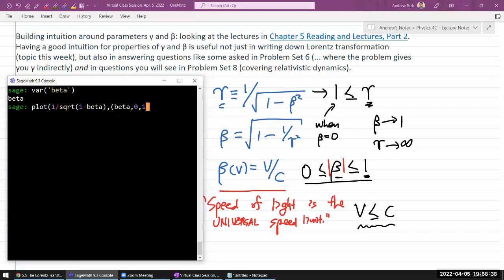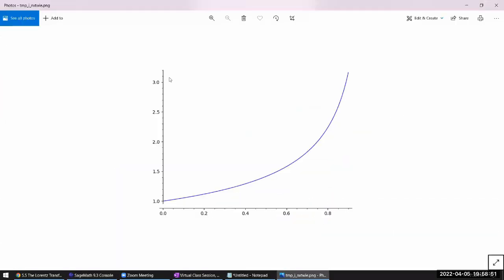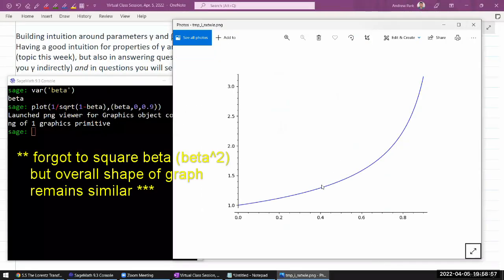I don't know if I want it to go to 1, 0.9 maybe. Let's see what it plots. If it doesn't do something reasonable, I will look up the syntax. Okay, so this is what it plots. For this plot, I stopped it at beta equals 0.9, and it maxes out at 3 point whatever.